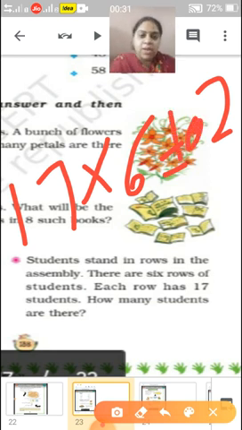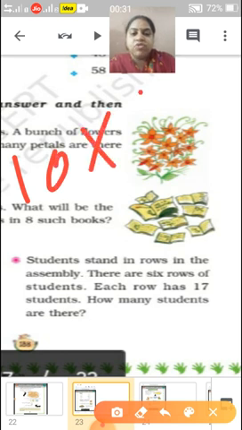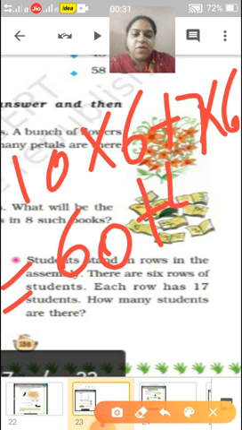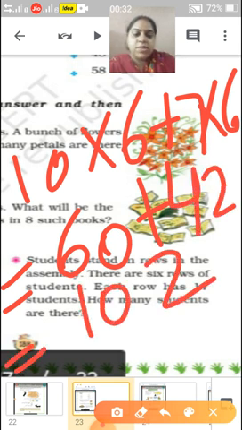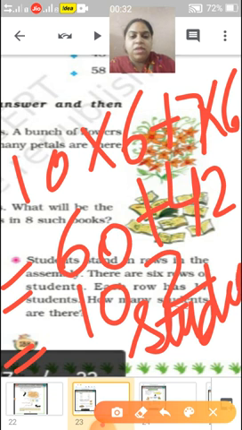Or you can write it in big multiplication as we have done: 10 into 6, plus 7 into 6, means 60 plus 42. That means 102 students are there. Okay, children, 102 students are there.